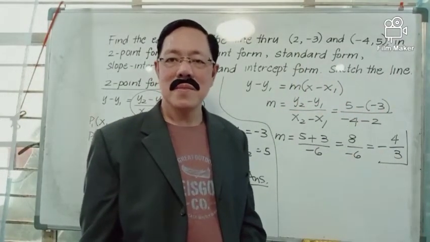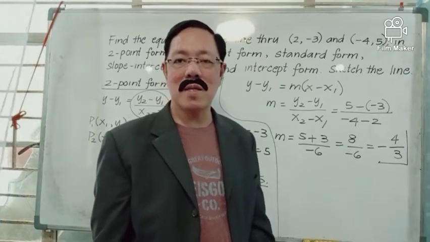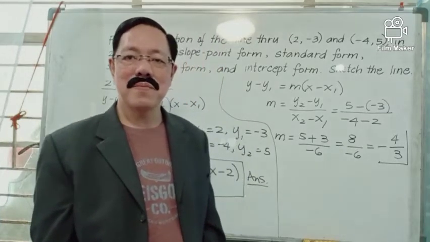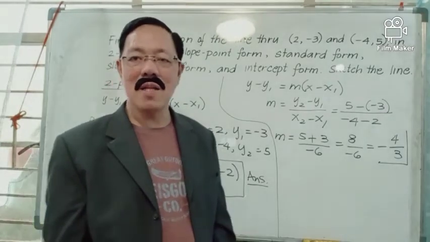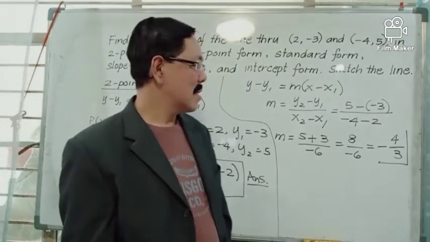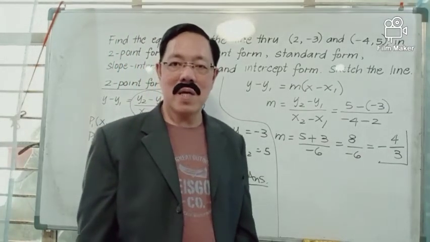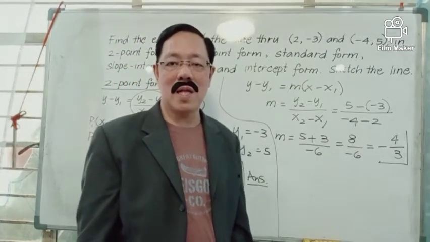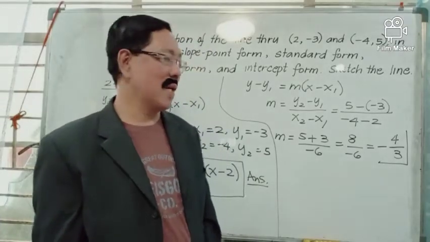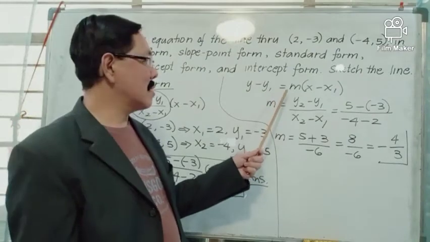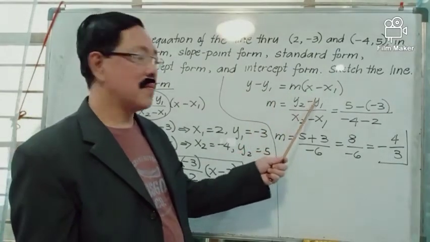In the succeeding lessons, we will define slope as the tangent of the angle of inclination of the line. And we will also interpret what is meant by slope of the line. Now we can find the equation of the line in slope-point form.